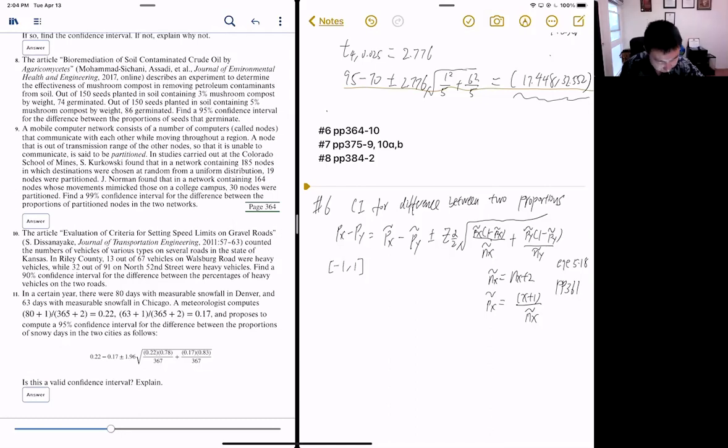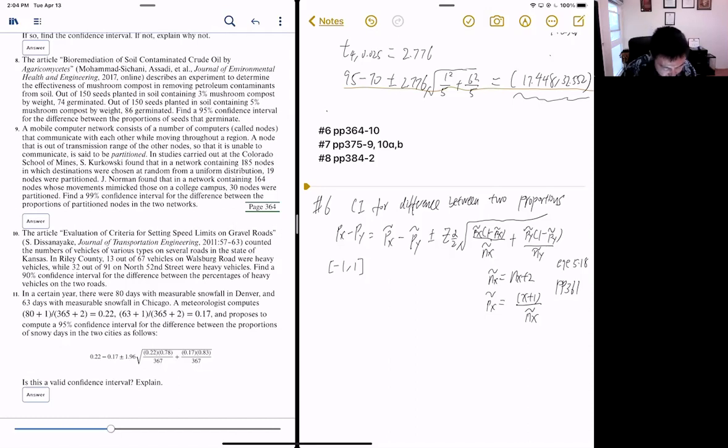Then let's read the question together. We have an article, evaluation of criteria for setting speed limits on gravel roads. This is about transportation engineering. They counted the number of vehicles of various types on several roads in the state of Kansas.